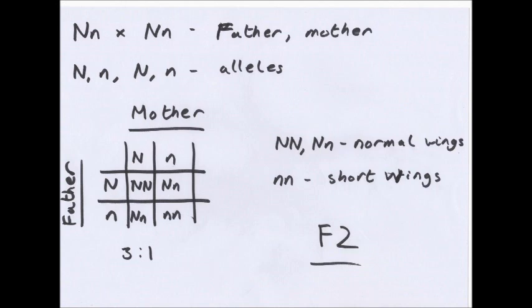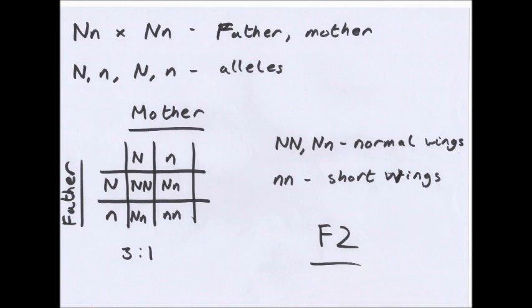Now F2, this is when you breed big N little n with big N little n, so just that generation, the F1 generation. Now these alleles, you have big N little n from the father, big N little n from the mother. Now if you look at the Punnett square, you can see that it produces one big N, so two big N's, there's one of them, two big N little n, and one little n little n.